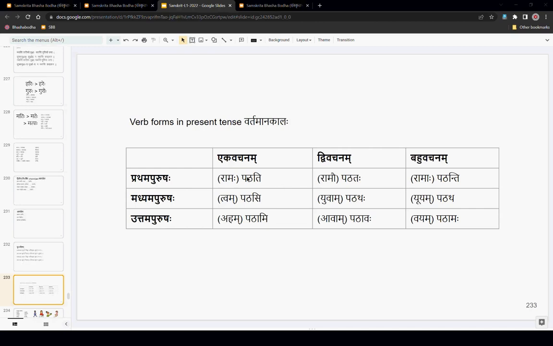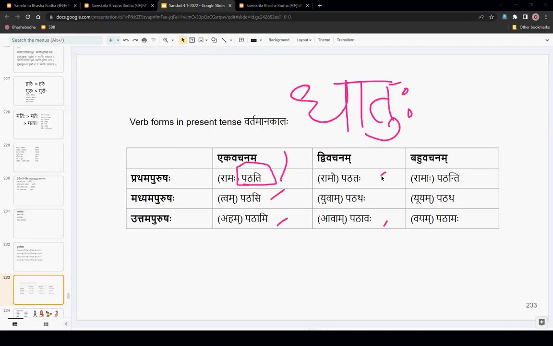So similar to a Namapadam, which has a base word called Pratipadikam, each Kriyapadam in Sanskritam has a base word called Dhatu. Dhatuhu, pullinga word. So the base word, or the root, in English it's called verb root. Each verb in Sanskritam has these forms, right?